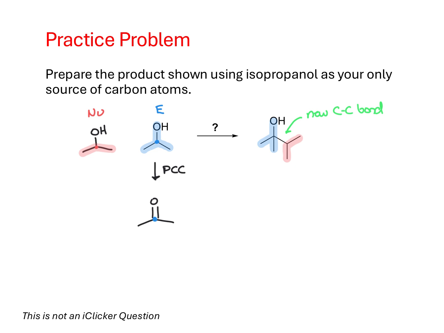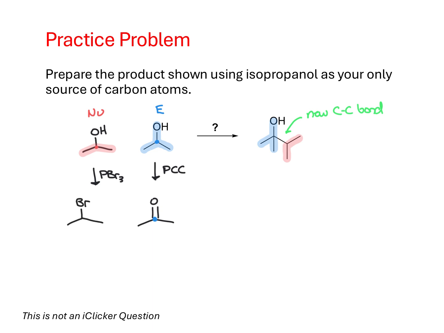Now, how can we make the other OH into a nucleophile? Let's make it into a Grignard reagent, or an organolithium compound. So first we have to have an organohalide. What I'll do first is use PBr3 to convert that to the organobromide.